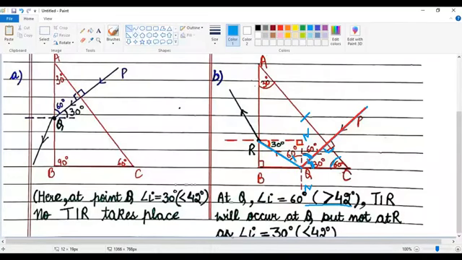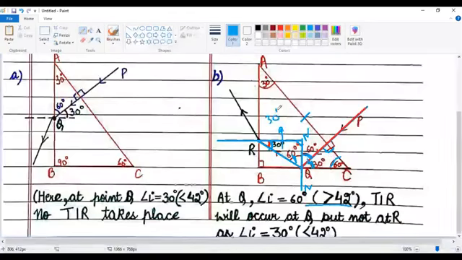Now students, if we draw a normal at point R such that the two normals intersect each other and makes an angle of 90 degree, then in the triangle the angles will be 60, 90, and the third angle will be 30 degree.